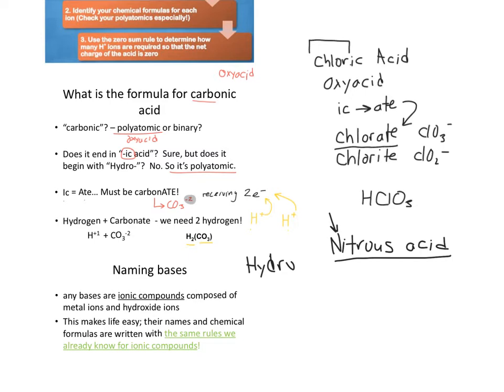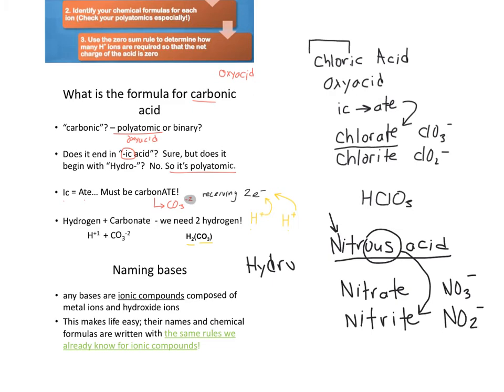So my options that start with nitr- are nitrate or nitrite. Two different ions. This is NO3 minus, and this is NO2 minus. So because it's -ous, I know that it's -ite, okay?